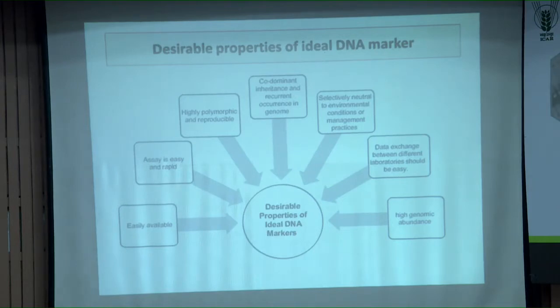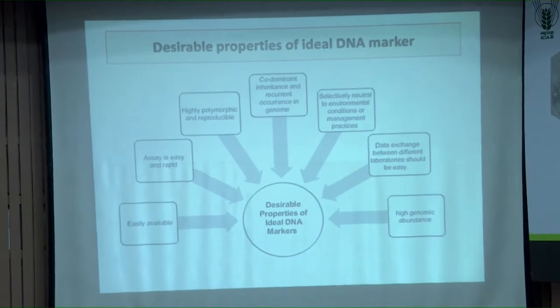Our agricultural crops are always under stress, there are lots of management practices we apply, and there is variation in environmental conditions also. So, in all environmental conditions it should be able to amplify your pathogen.